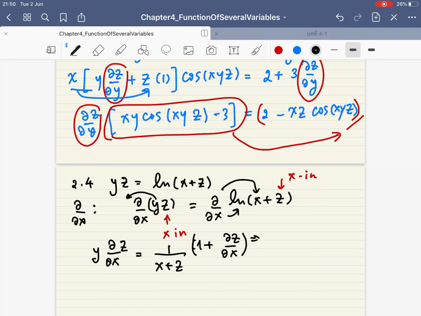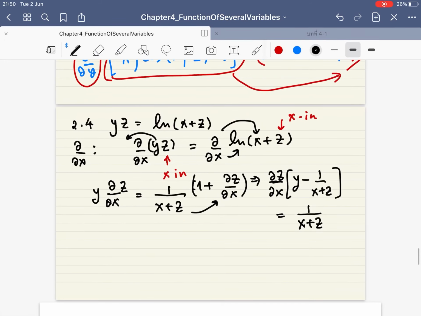So it means that your dz by dx depends on y minus this one, right? 1 over x plus z, and then equals to 1 over x plus z. So to solve for this one, you just move this way around and then make a fraction. Just move this one to make a bottom of your fractions.